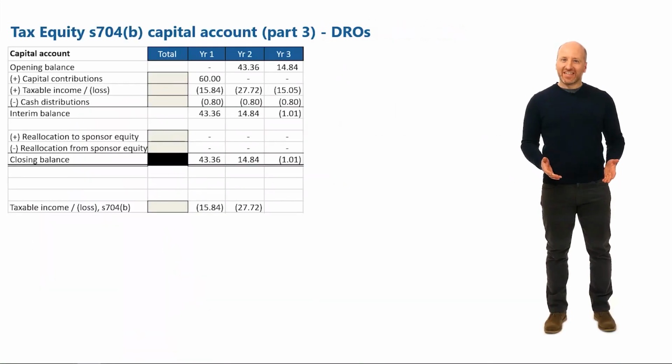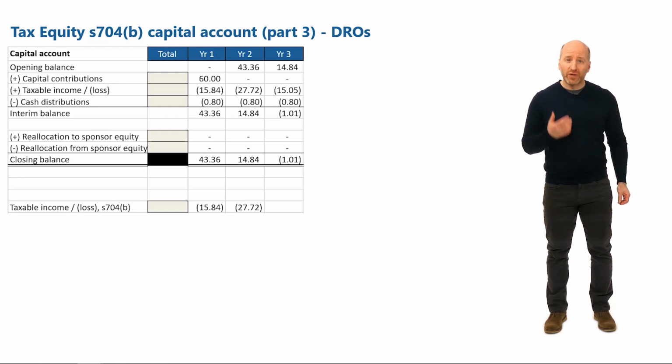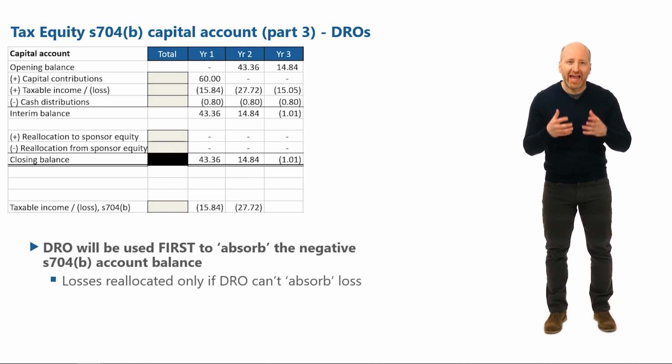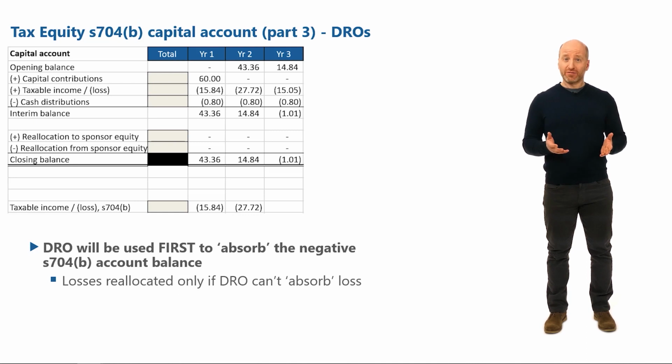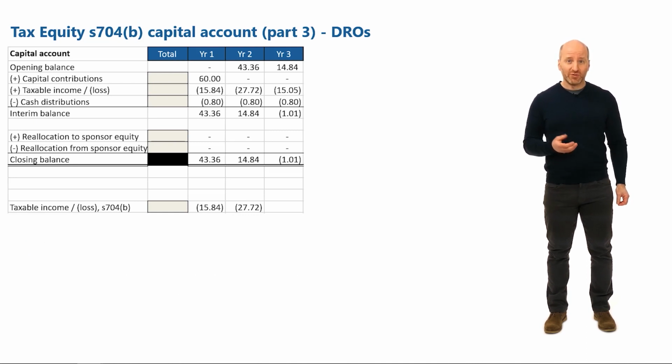From a calculation standpoint, the DRO will be used first to absorb the negative 704B balance, and we will only reallocate losses to the sponsor to the extent the DRO can't absorb the negative balance itself. So let's start from the beginning of year 3, as in year 1 and year 2, we have no reallocations and a positive capital account balance.